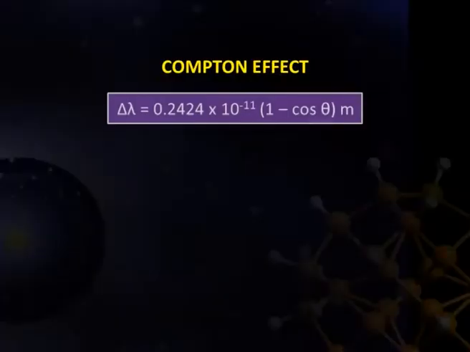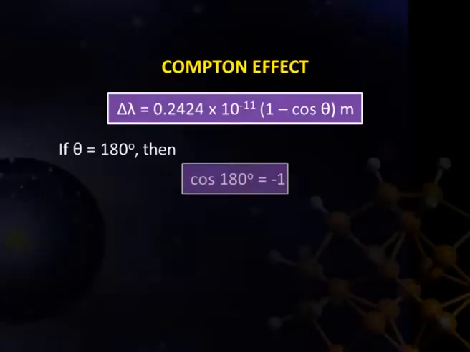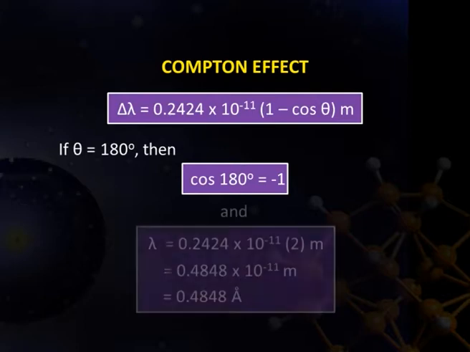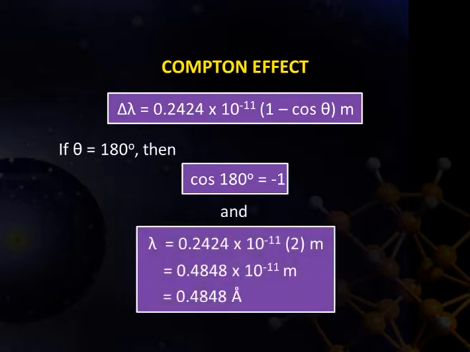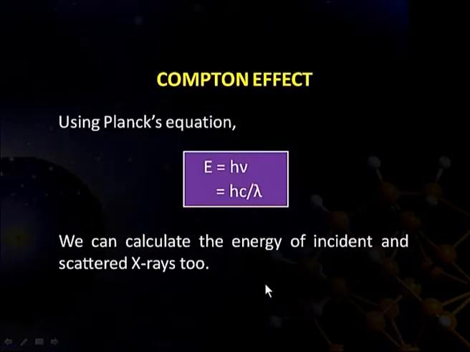If theta is equal to 180 degree, then cos 180 degree is equal to minus 1 and delta lambda is equal to 0.2424 into 10 raised to the power minus 11 into 2 meter, which is equal to 0.4848 into 10 raised to the power minus 11 meter, which is equal to 0.4848 angstrom. Using Planck's equation E is equal to h nu or E is equal to hc upon lambda, we can calculate the energy of incident and scattered X-rays too.